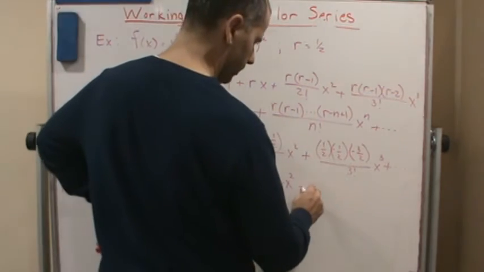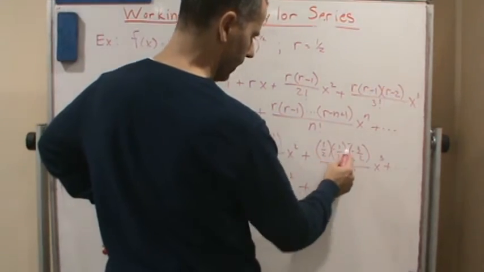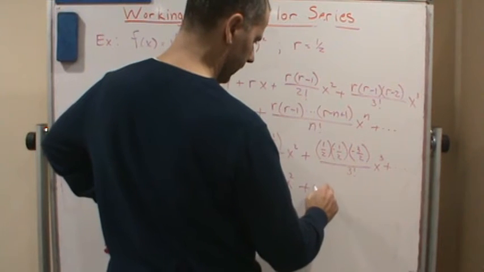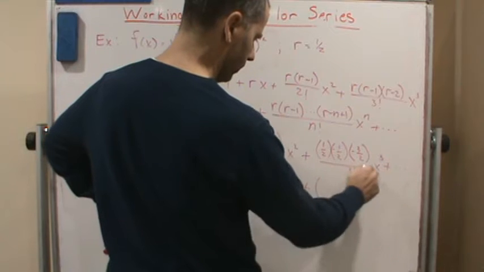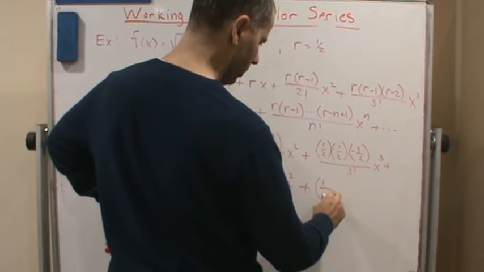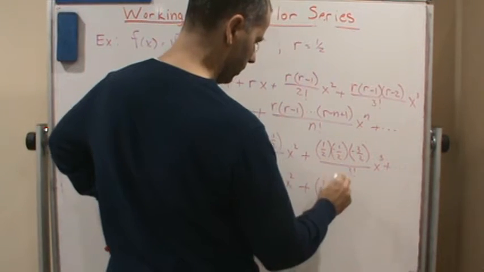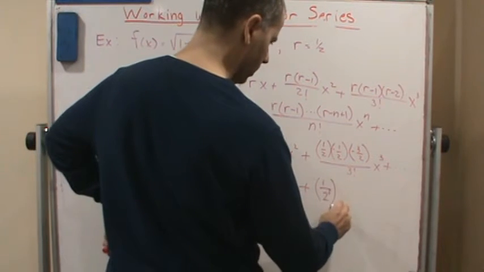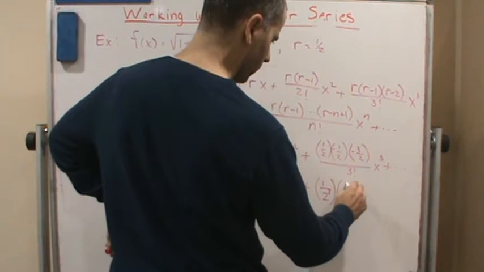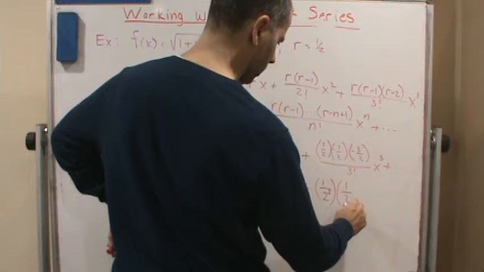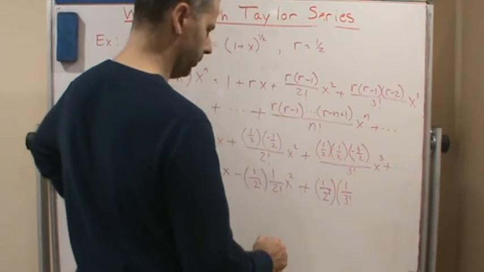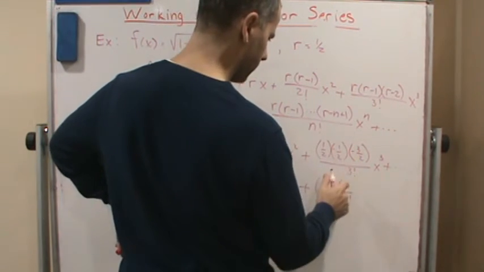And then this one is going to be plus, because a negative times a negative, and we're going to get 1 over 2 cubed times 1 over 3 factorial, but then we've got this 1 times 3 in here.